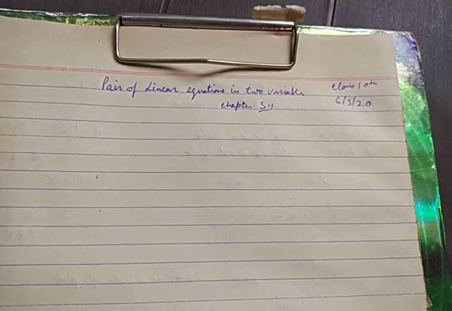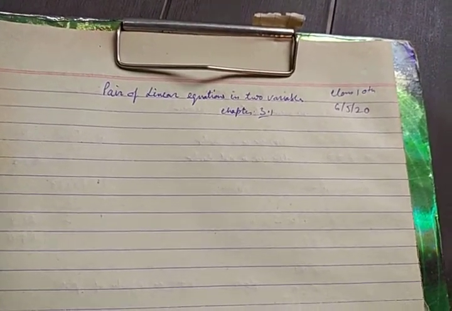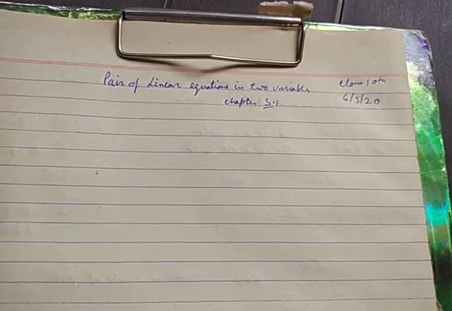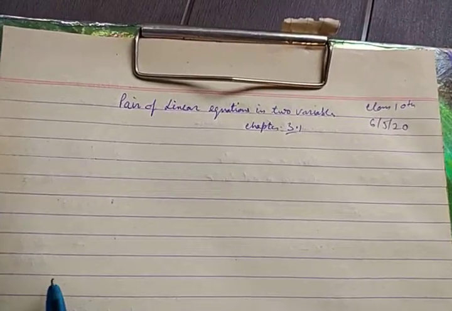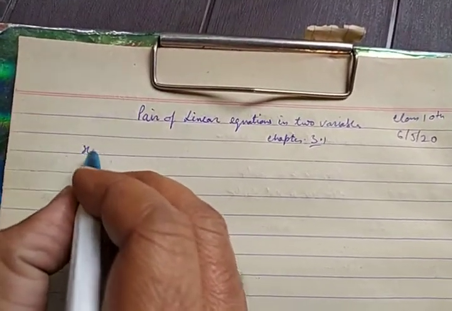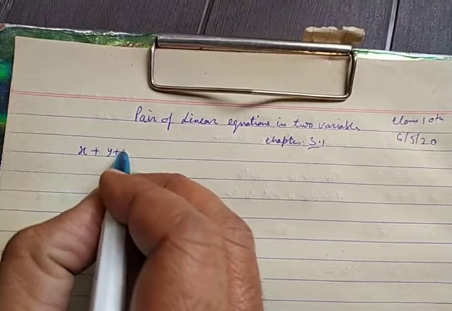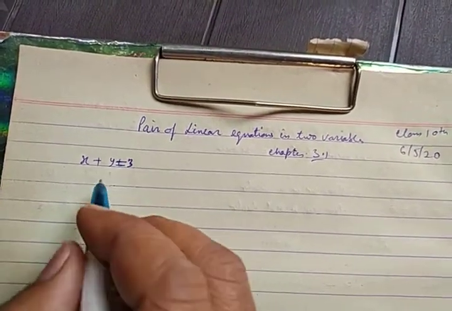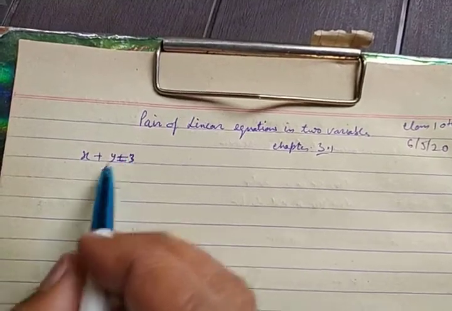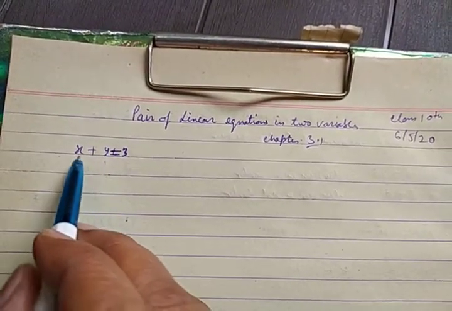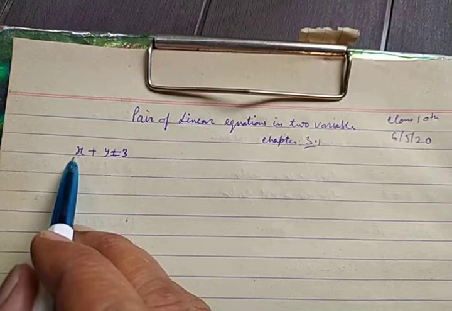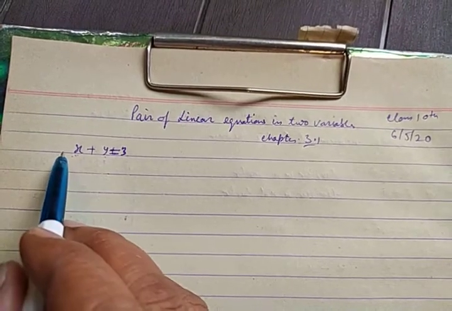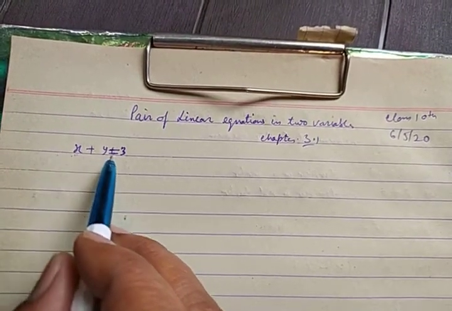Linear equation means, I think in the previous chapter I discussed, equations having the power of the variable 1 are called linear equations. If you write an equation like this, x plus y is equal to 3 or whatever, these are linear equations, and since they involve two variables, one is x, the other is y, that's why it is a linear equation in two variables.